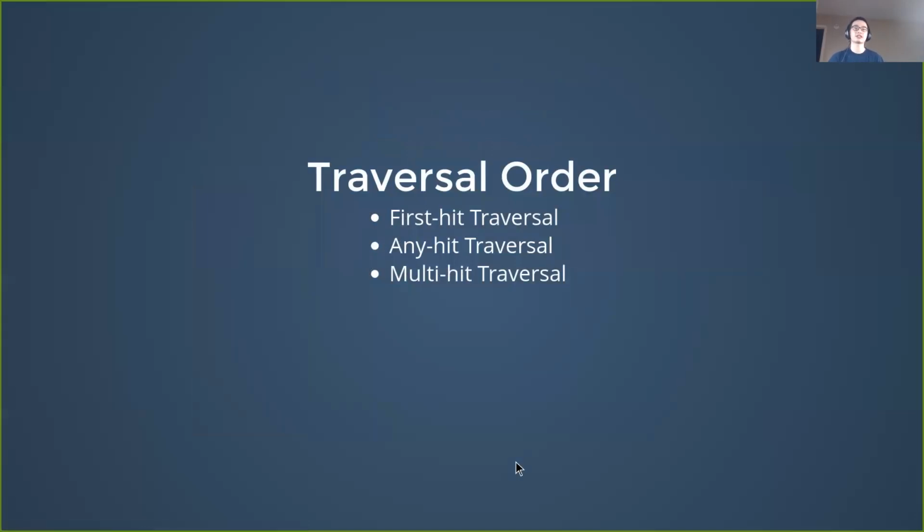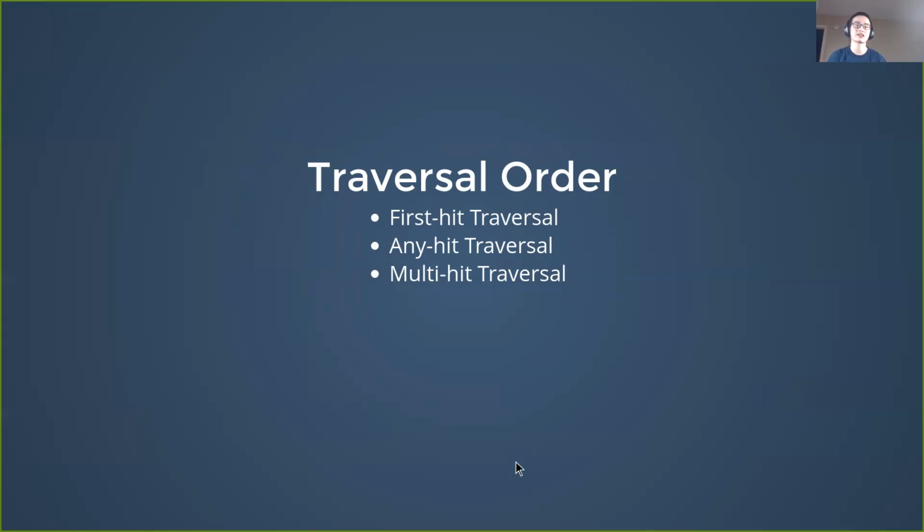There are different kinds of traversals we want to perform. First is closest-hit traversal, which is what we want to use in most cases and what BVH is optimized for. Also, any-hit traversal. Again, I want to mention that this paper's terminology is different from DX12 and Vulkan, where any-hit here means whether we hit anything or not.